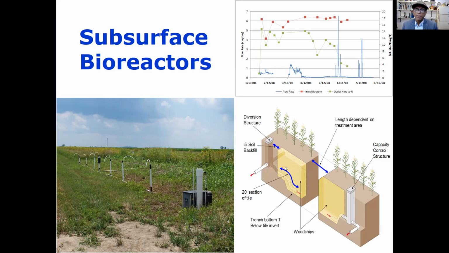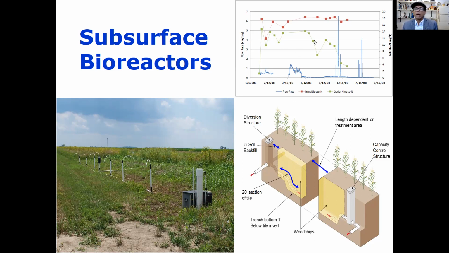And how does that happen? We fill this bioreactor with wood chips. Wood chips have a lot of carbon, and the carbon serves as a food source for the bacteria and fungi that can break down the nitrate component of the nitrogen. And then eventually nitrogen gas will be released into the atmosphere, and relatively clean water will get into our river or lake system.